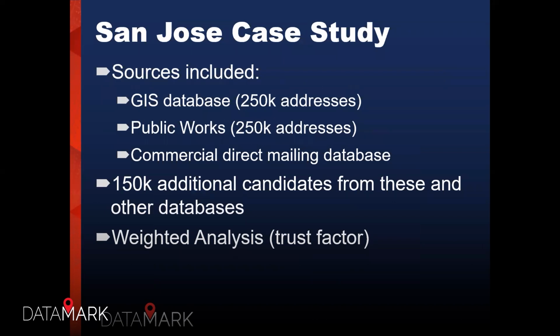We assisted them in this project, and we took those 9 data sets with the addition of a commercial direct mailing database, and we ran it through a process that we call address comparison and evaluation, where we identified additional address point candidates. 150,000 of them came out of those 8 databases plus the direct mailing database. There were addresses in those other databases that didn't exist in the master address database, which was this GIS database.